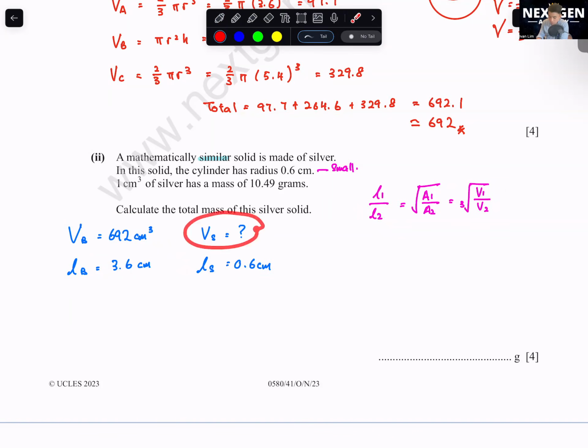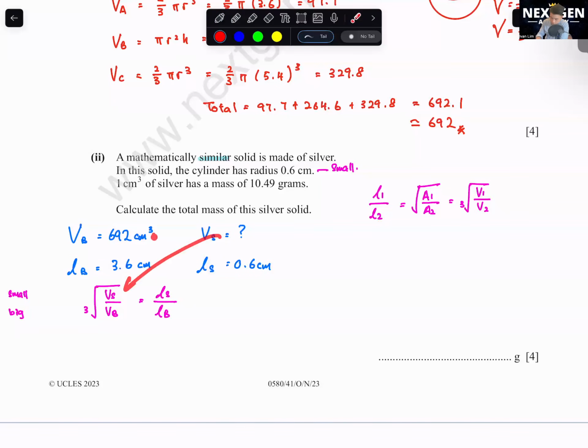The one we want to find is the volume, so I structure the equation like this: cube root of V small over V big equals length small over length big. All my small values I put on top, all my big values at the bottom.